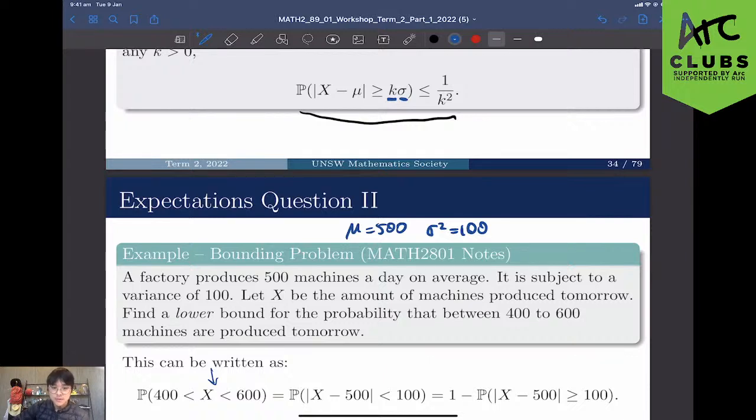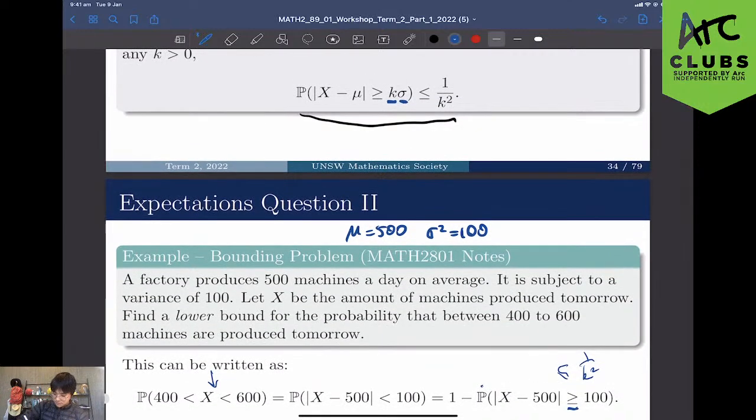And because we can't calculate this straight away, because if we look at Chebyshev's inequality, we see a greater than or equal to symbol, and we have it in terms of a less than symbol. So what we're going to do is find 1 minus this value to get this greater than or equal to symbol. And now we know that this value, using the formula, is going to be less than or equal to 1 on K squared.